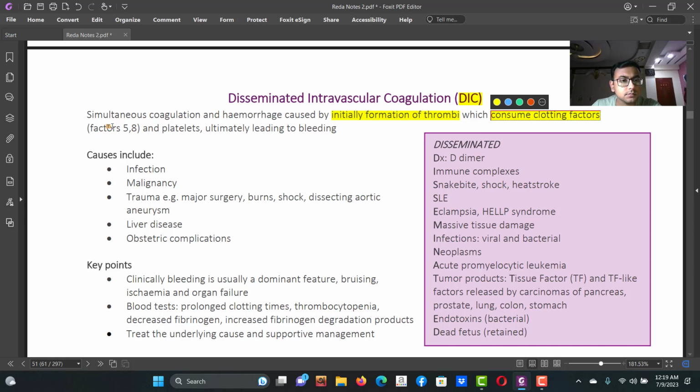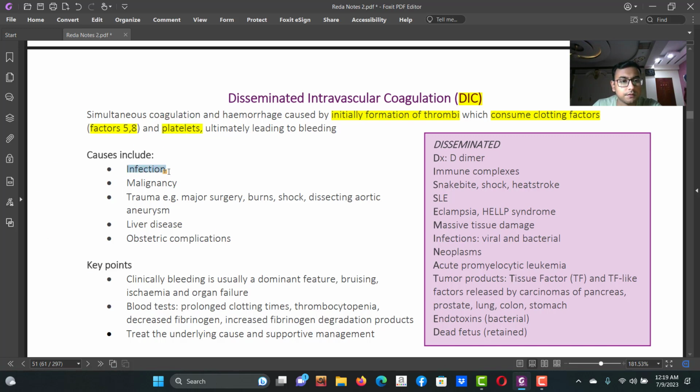Why does disseminated intravascular coagulation, that is DIC, happen? Due to the deficiency of factor 5 and 8 and platelets, ultimately leading to bleeding. So bleeding is the consequence of DIC. What are the causes?